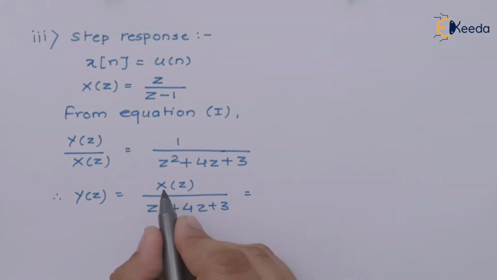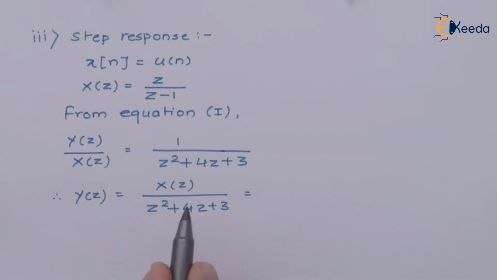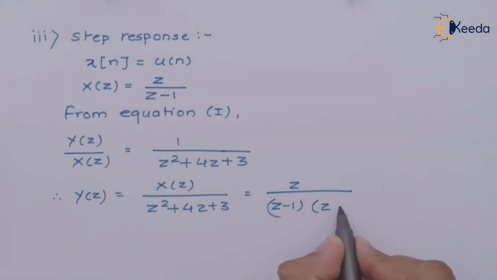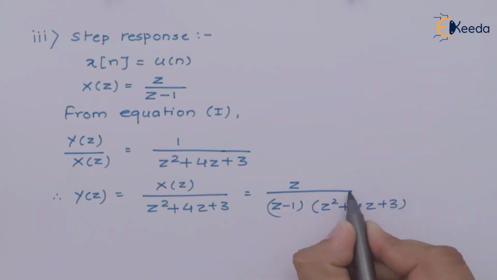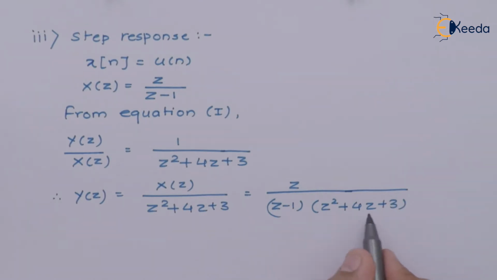Now I'll substitute my x of z value, which is z upon z minus 1. So this z minus 1 will come in denominator and z will be in numerator. Now I'll shift this z on left hand side and I'll factorize the second part. The factors that we have already calculated are z plus 1 and z plus 3.